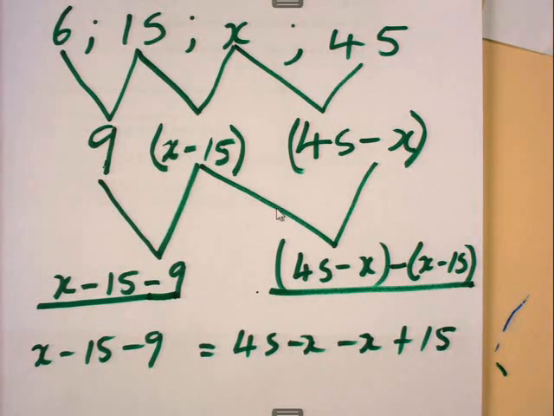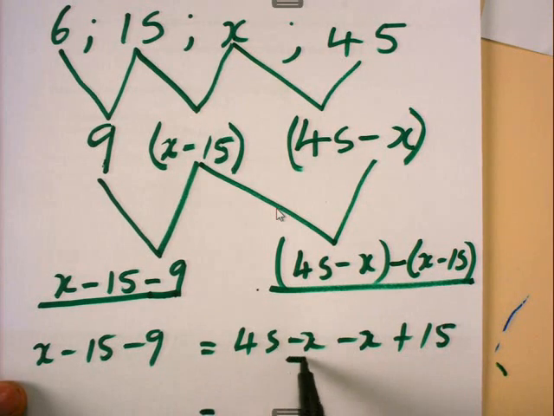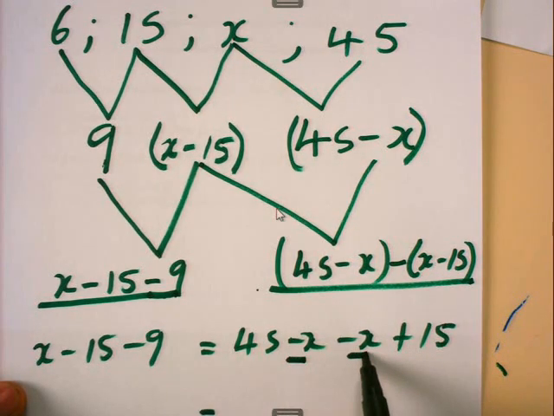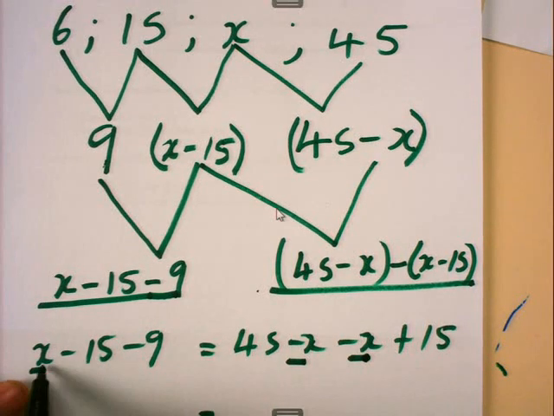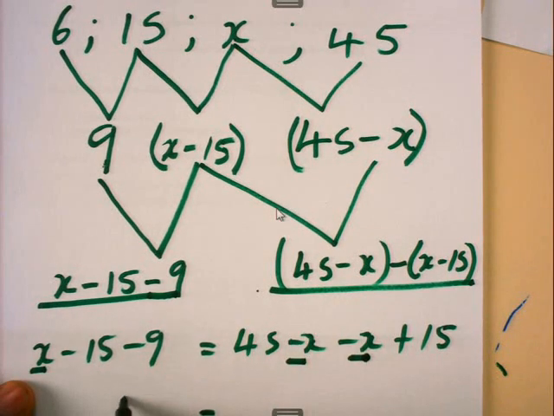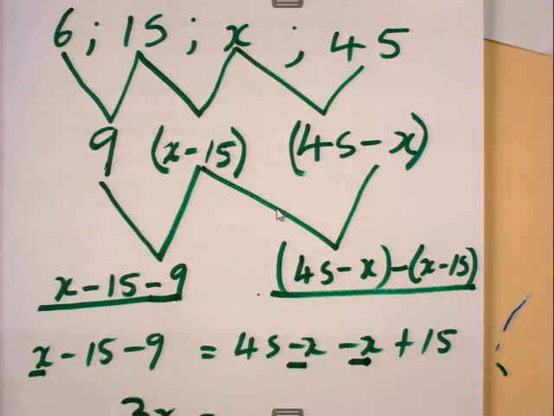Now we just have to add the like terms. We've got x minus 2x, transpose it to the left, then it will be x plus 2x, which will give us 3x. Hope we are clear. Everyone is clear?